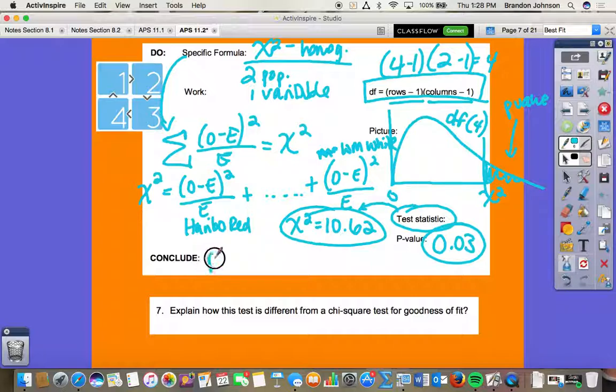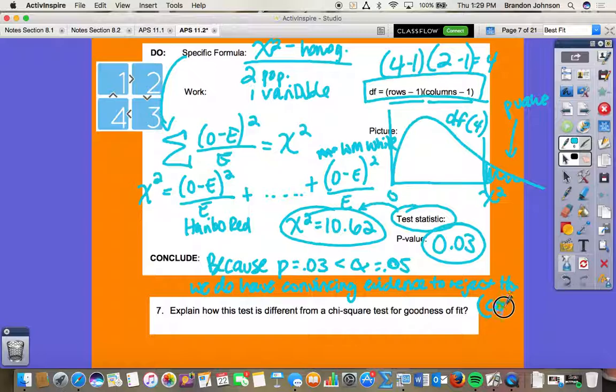I would say because p is equal to 0.03 and it is less than our significance level of 0.05, we do have convincing evidence to reject H0, and then tell me what that means.